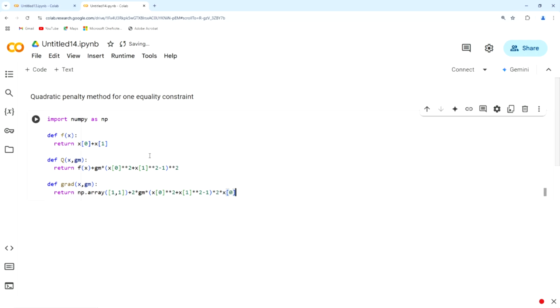That is the first component, and the second component is the same thing into 2 into x of 1.